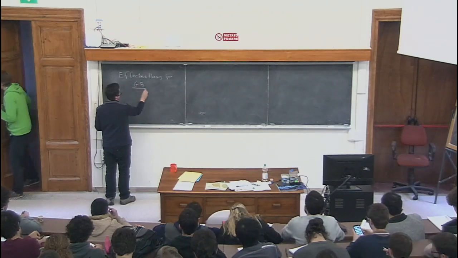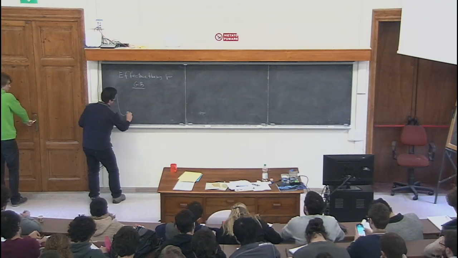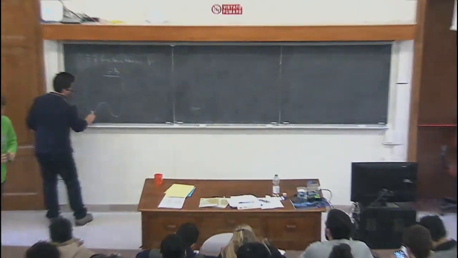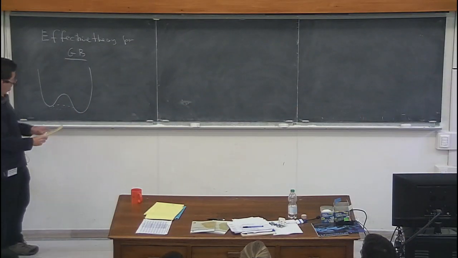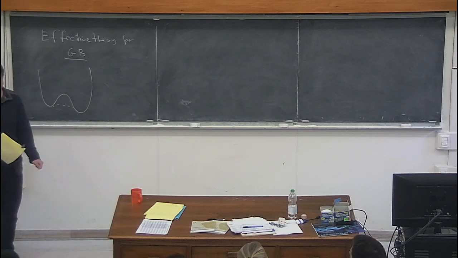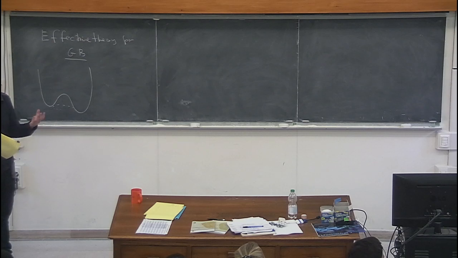What we said is that we have a global symmetry that necessarily gives you a valley at the bottom of the potential, just by the fact that there was a global symmetry spontaneously broken.